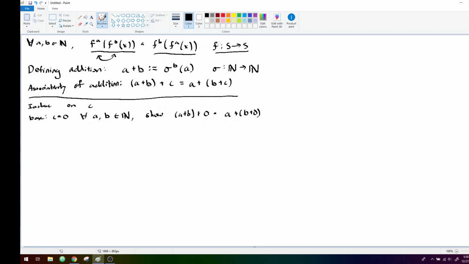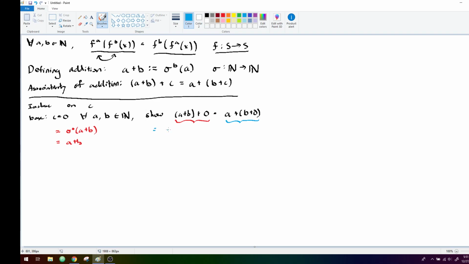Alright, well, let's take a look at this term on the left here, bracketed in red. That is equal to, well, sigma applied 0 times to the result of a plus b, which is just the identity function, giving us back a plus b, whatever that is. Alright, now let's take a look at the right-hand side, which we will bracket in blue.